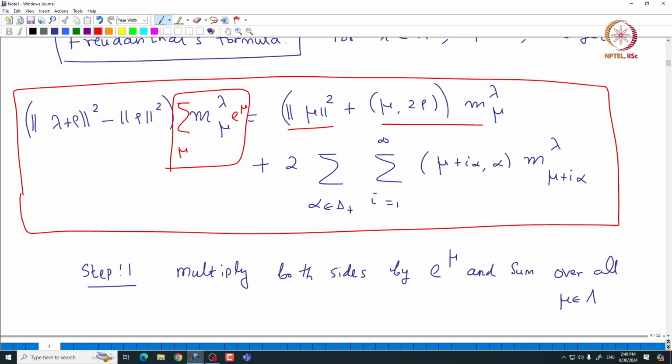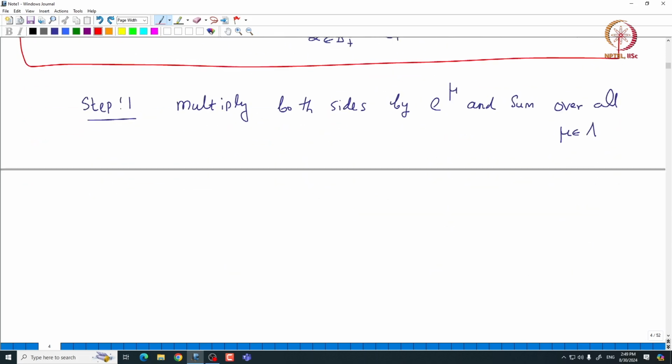Let us write it down very explicitly and see what is happening. The left hand side clearly becomes the norm of lambda plus rho squared minus the norm of rho squared times chi lambda. So, that is what you get.